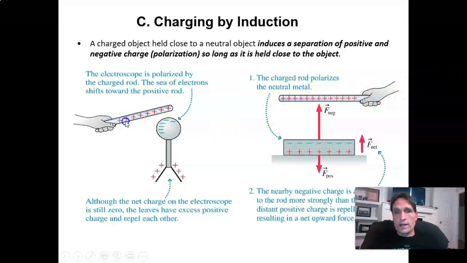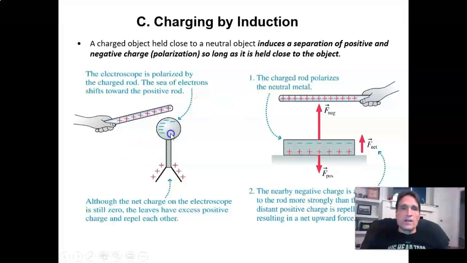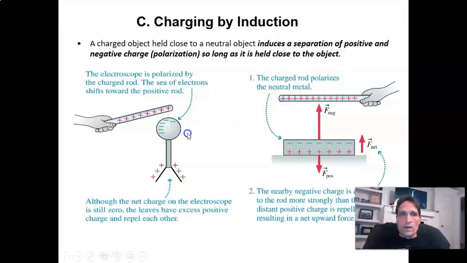Suppose you have a rod and you charge the rod positively. So the rod has a positive charge, and we bring it near the metal, but we're not going to touch the metal. The metal is neutral, because we haven't put any charge on it. But what's going to happen here? Well, remember, the electrons in a metal are free to move.